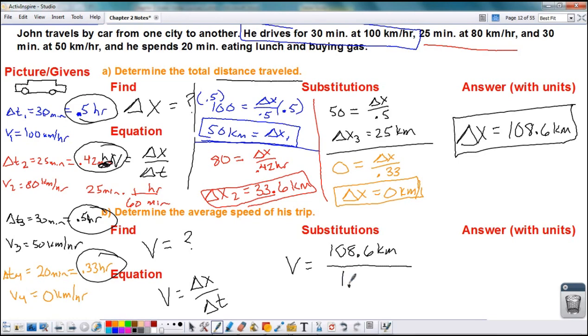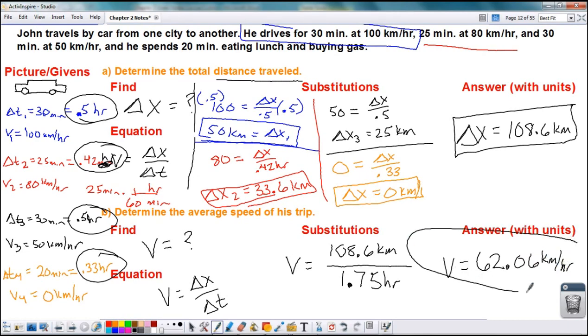Add those up, we will get 1 75 hundredths of an hour. And that will give us a speed of 62 6/100 kilometers per hour. It did not ask for a direction, nor did it ever give us a direction, so this is just a speed, not a velocity.